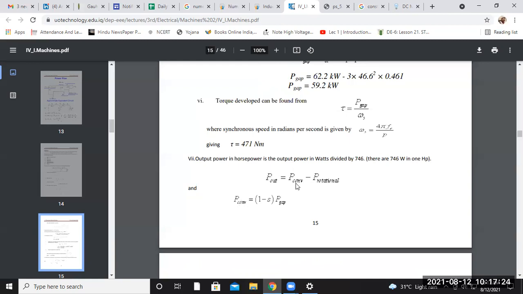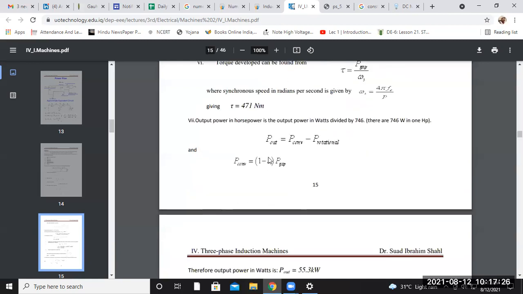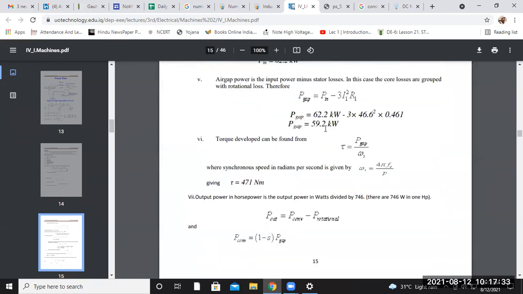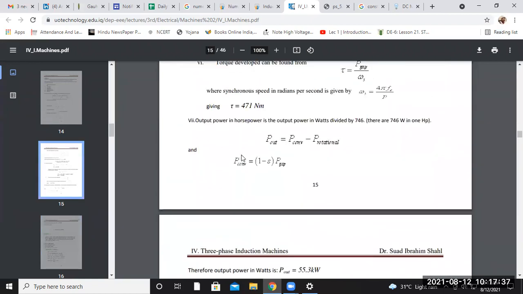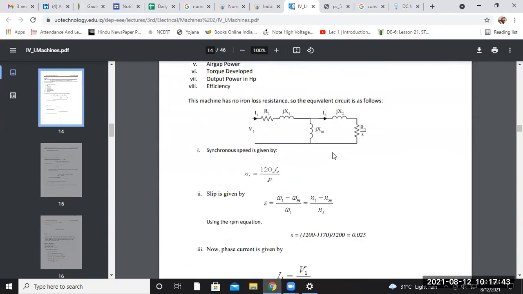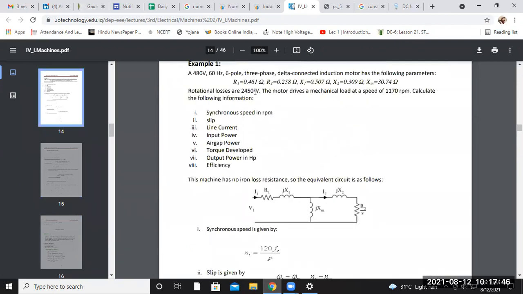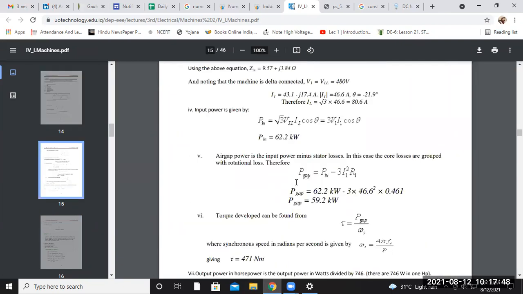So for this converted power, just put in the values. You have the slip as 2.5%, or you can say 0.025, and the air gap power as 59.2 kilowatt. Just putting in the values, you will get the converted power. The rotational loss is already given in the question as 2450 watt.